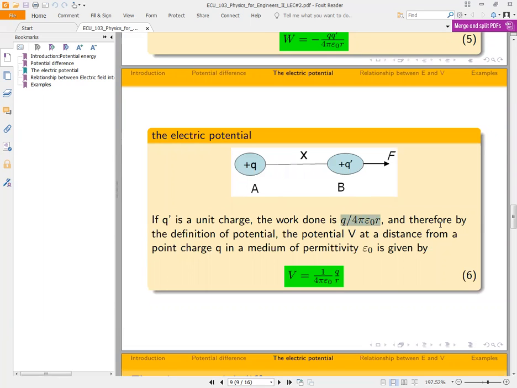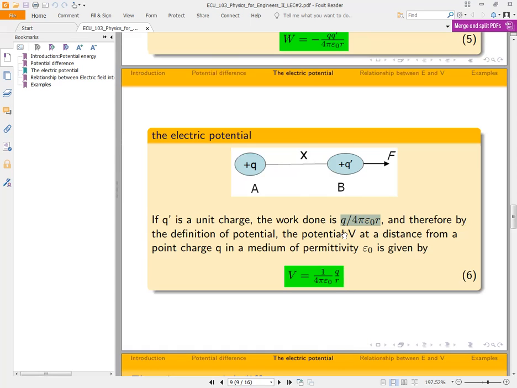And therefore, by the definition of potential, the potential V at a distance from a point charge Q in a medium epsilon naught is given by this. In other words, the potential is work done per unit charge.